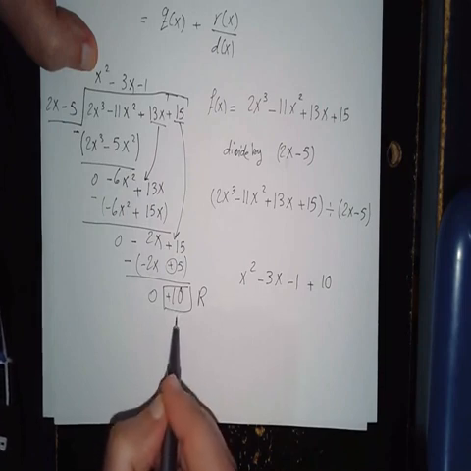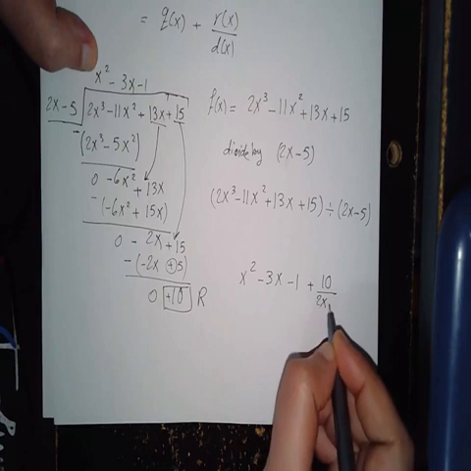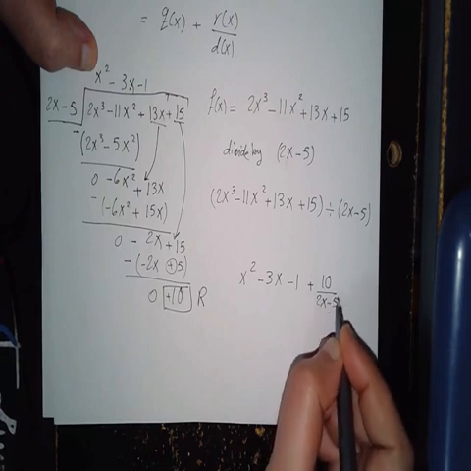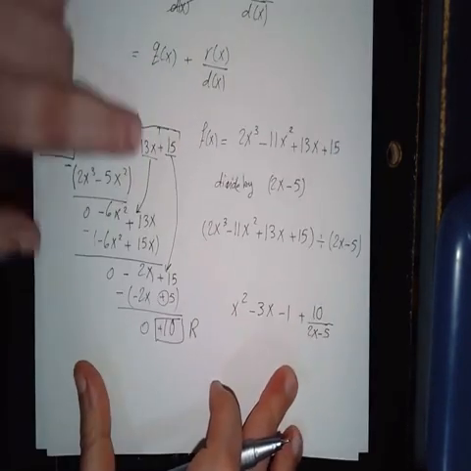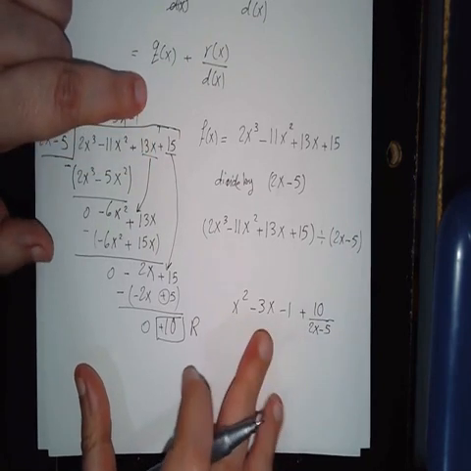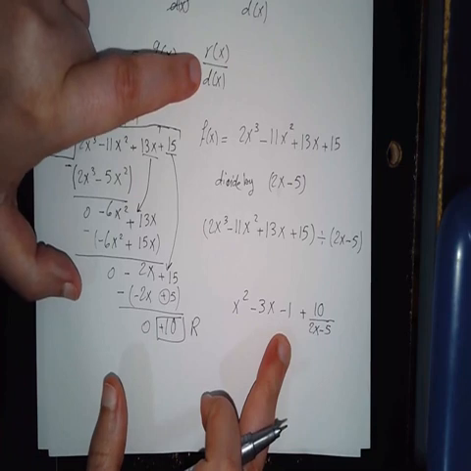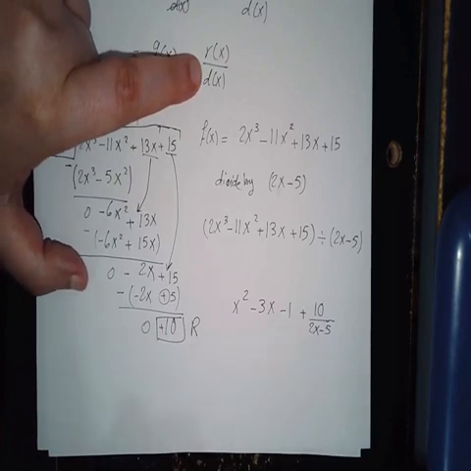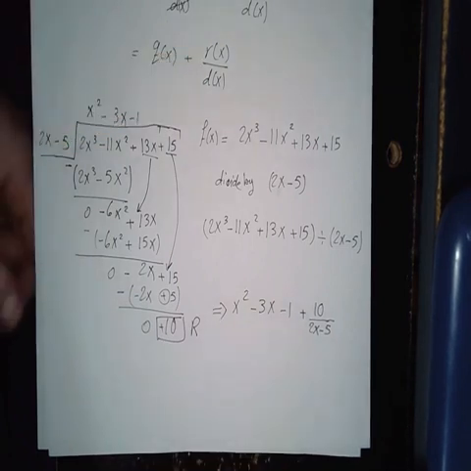I can't divide it. So you write the divisor in the denominator still, because this one is yet to be divided. We finished these, this one's not complete yet, which is why the form looks like that. Q of x, which happens to be this part, plus the remainder over the divisor. Make sense?